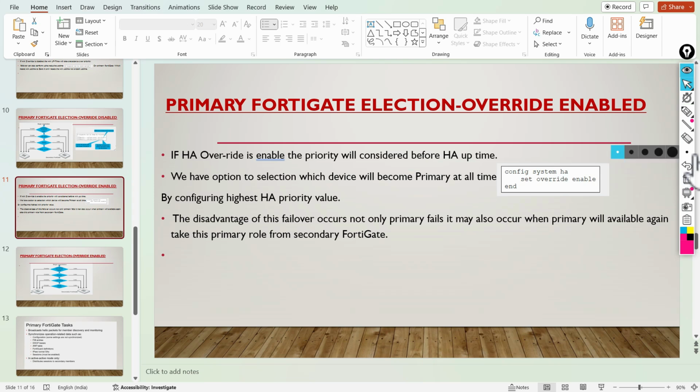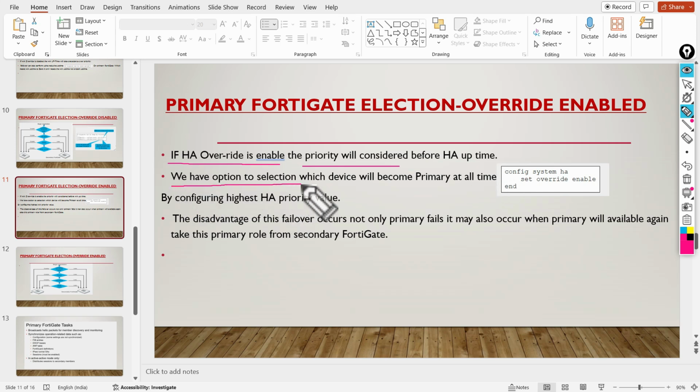The second thing: in the case where HA override is enabled, what is going to happen? Let's understand. If HA override is enabled, the priority will be considered before HA uptime. So in the negotiation, priority will take precedence when override is enabled.